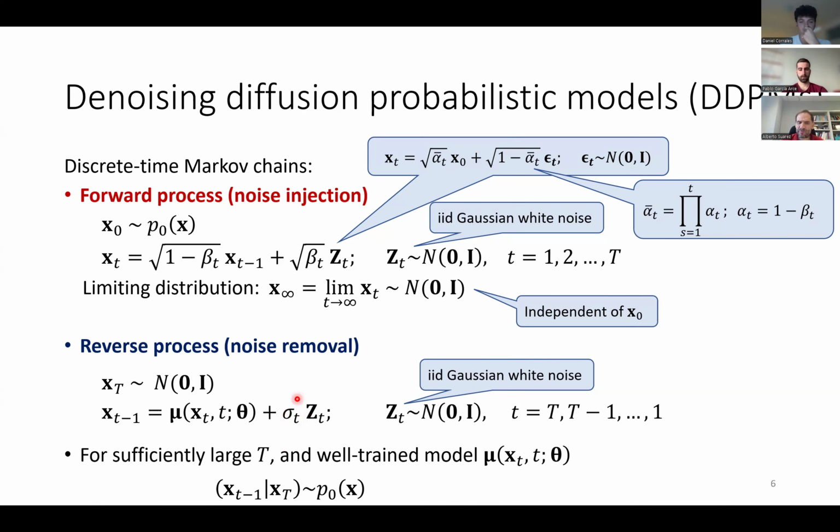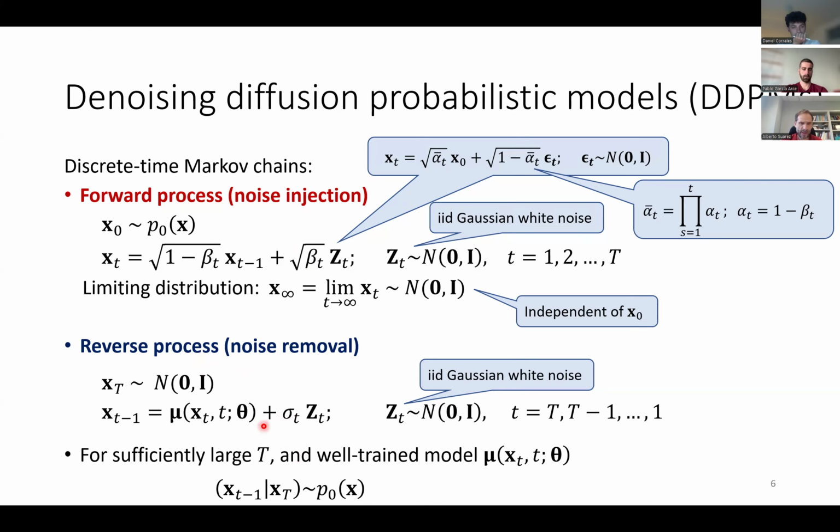Again, it doesn't really matter much which function of time you're using here. Of course, beta of t and sigma of t have to be deterministic, and they have to be chosen by the user. We'll be speaking about different choices of that schedule of noise injection, and you use the same schedule in the reverse process.